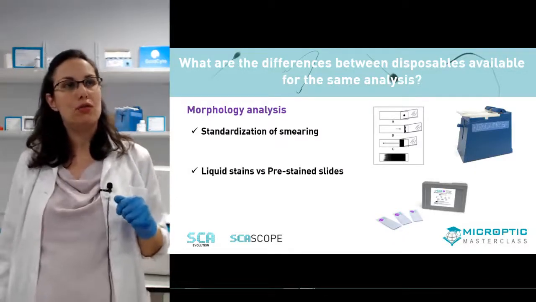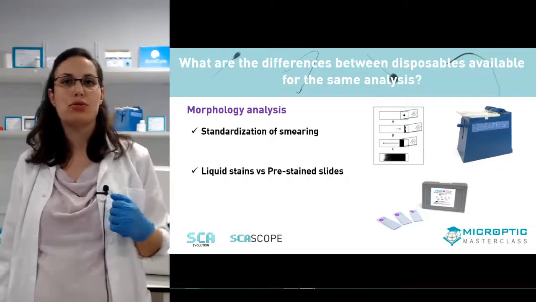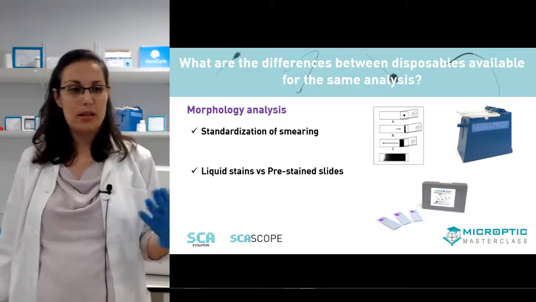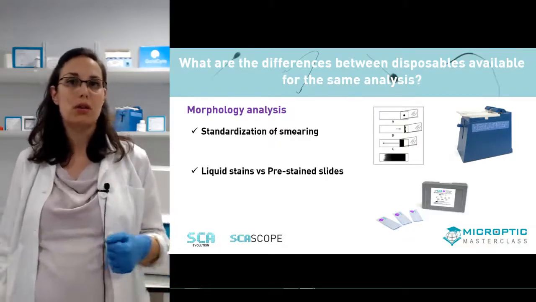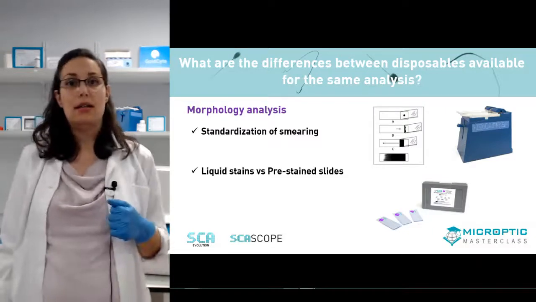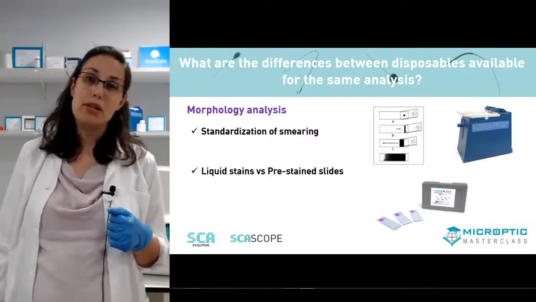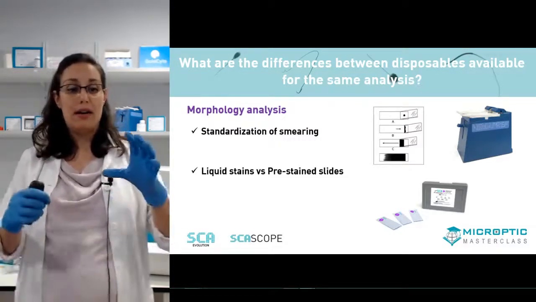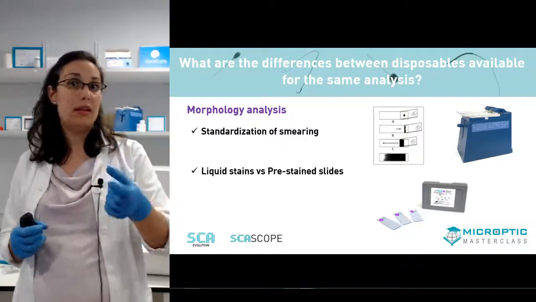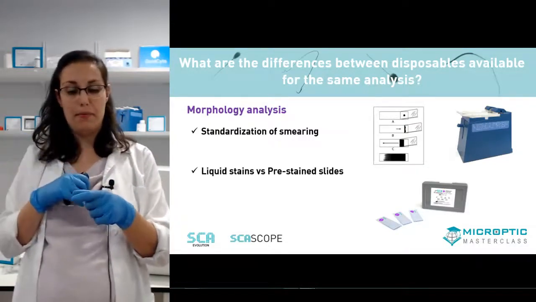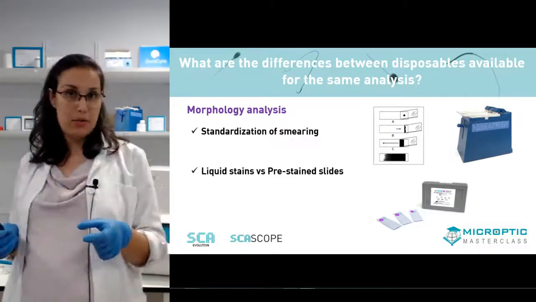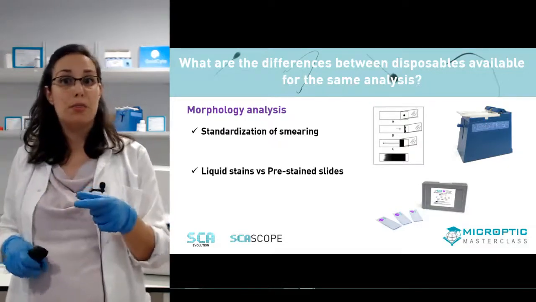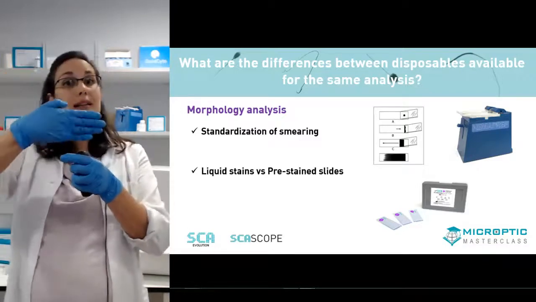Also, if you are not able to use liquid solutions for evaluating morphology, you can see that there are also some pre-stained slides available on the market. With these pre-stained slides, there are some points that we need to take into consideration, because the procedures of some of them indicate to put 1 drop of the sample, put the cover on, and analyze at the microscope. You have to think that when you put the drop and the cover, many sperm cells will be located in a lateral position.